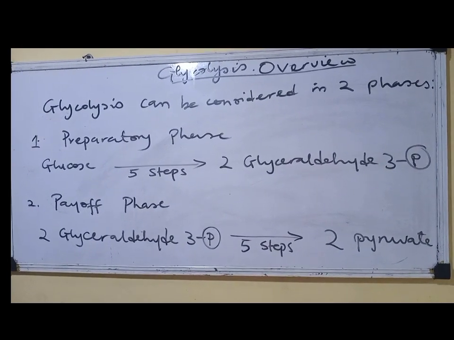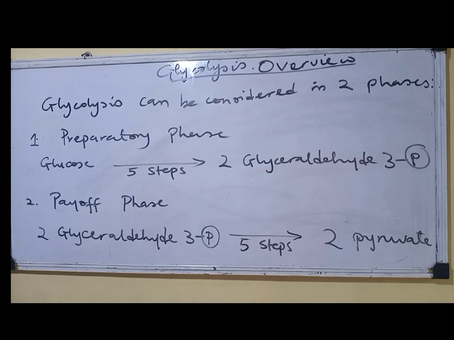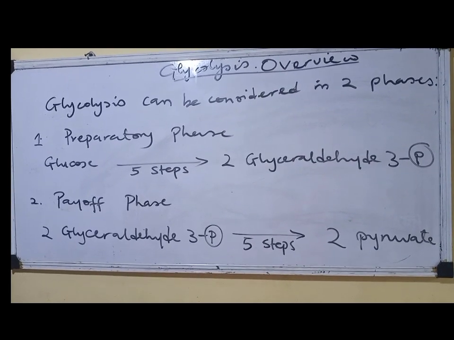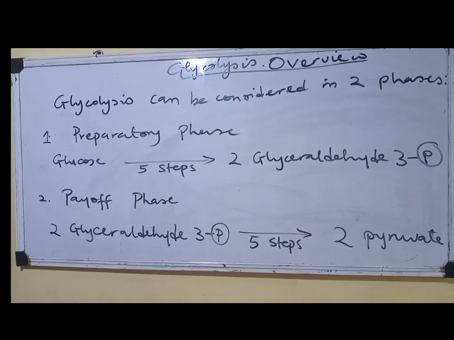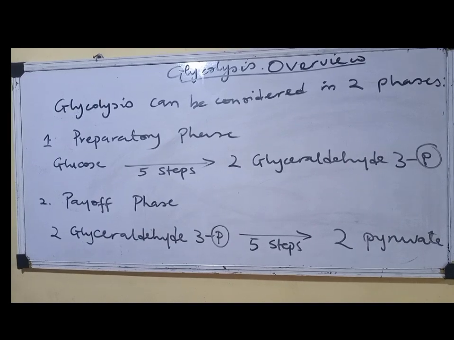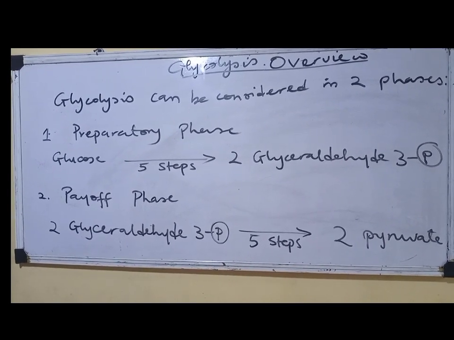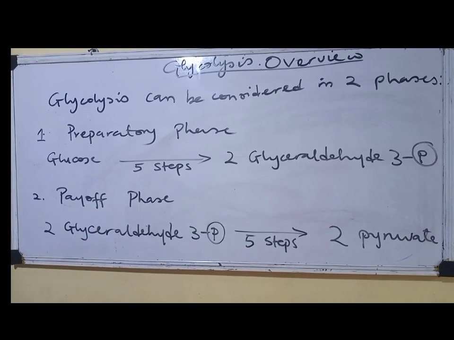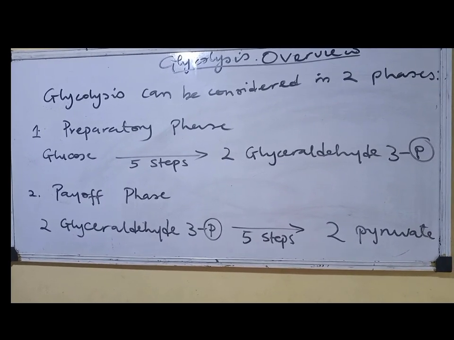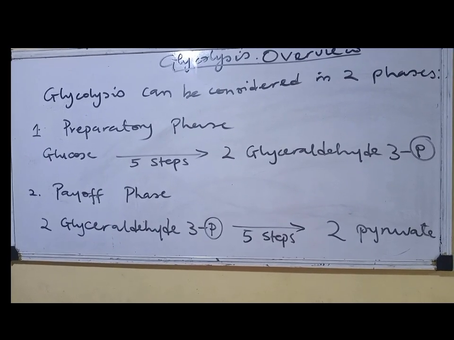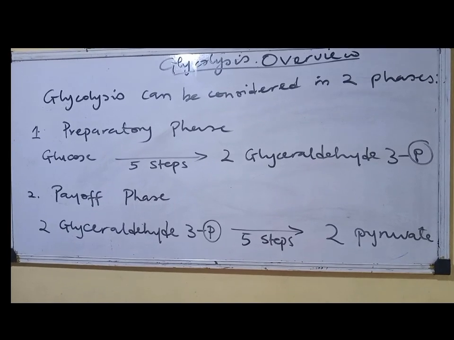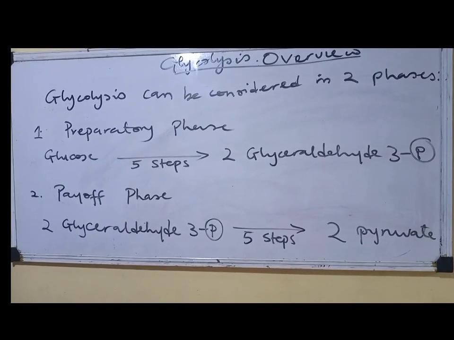And in the second phase, known as the payoff phase, those 2 molecules of glyceraldehyde 3-phosphate undergo another 5 steps to produce 2 molecules of pyruvate. That is how glycolysis is broken down into 10 enzyme catalyzed steps.